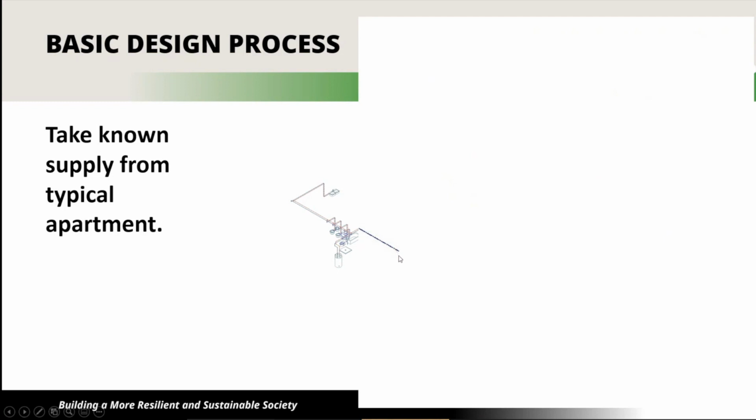That's got a fixed size, and then we take that one, and then we add the second, third, fourth, and fifth apartments on one side of the hallway, and we add the other 4 on the other side of the hallway to get 9 total apartments. So all these have a fixture unit value or GPM value that we have assigned to it and use it to size the floor.